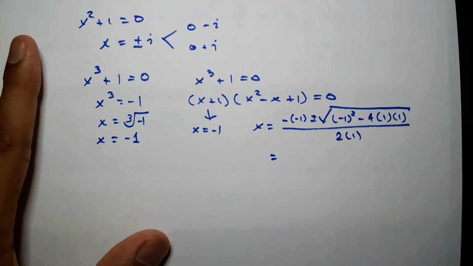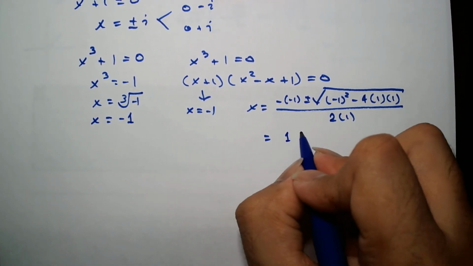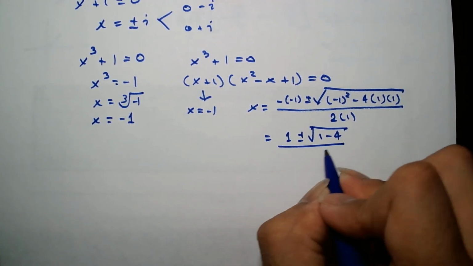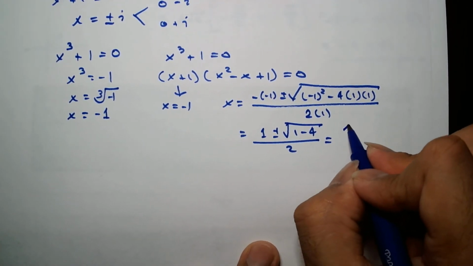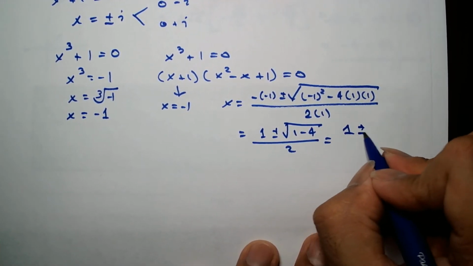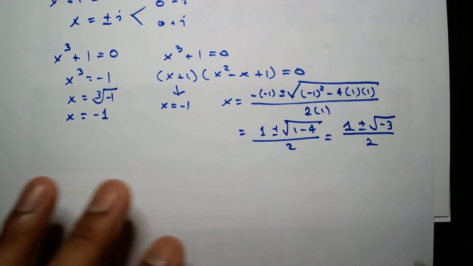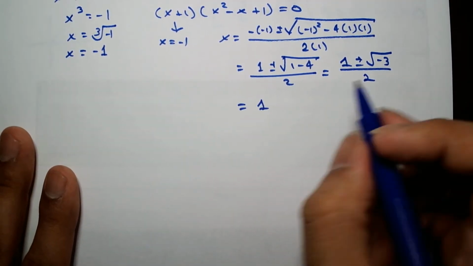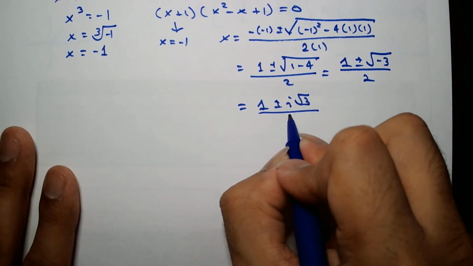In this case, that's 1 plus or minus the square root of 1 minus 4, over 2. You might remember this from intermediate algebra: when you got solutions like this, you express them as complex numbers. So that's 1 plus or minus i root of 3, over 2.